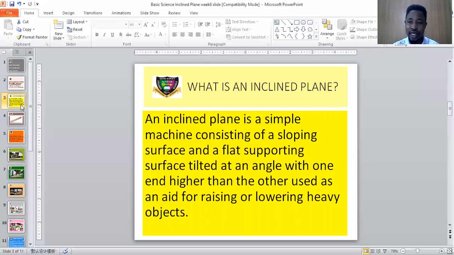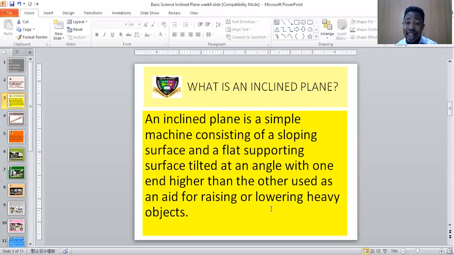Now, let me explain this. An inclined plane is a simple machine consisting of a sloping surface and a flat supporting surface tilted at an angle with one end higher than the other, used as an aid for raising or lowering heavy objects. You're going to see what I'm trying to talk about.